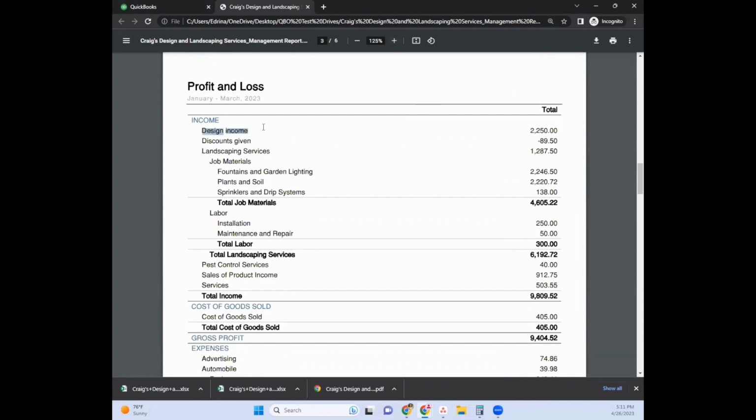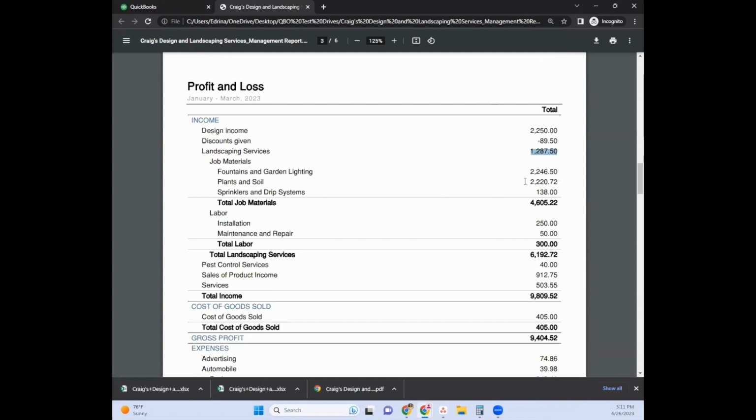Now, for design income, you've earned a total of $2,250. You gave $89.50 out in discounts, and you also had landscaping services of $1,287.50. So it looks like there are job materials that are related to landscaping services. That's kind of how I read this.